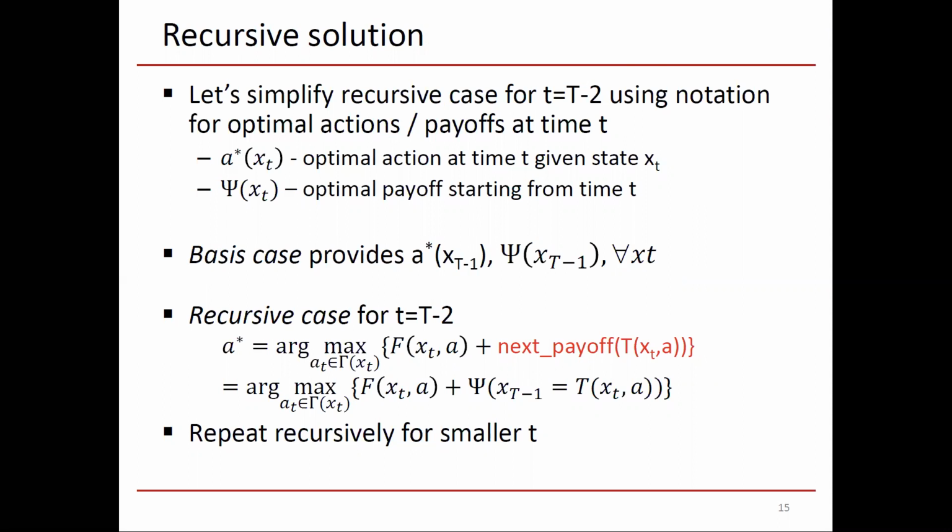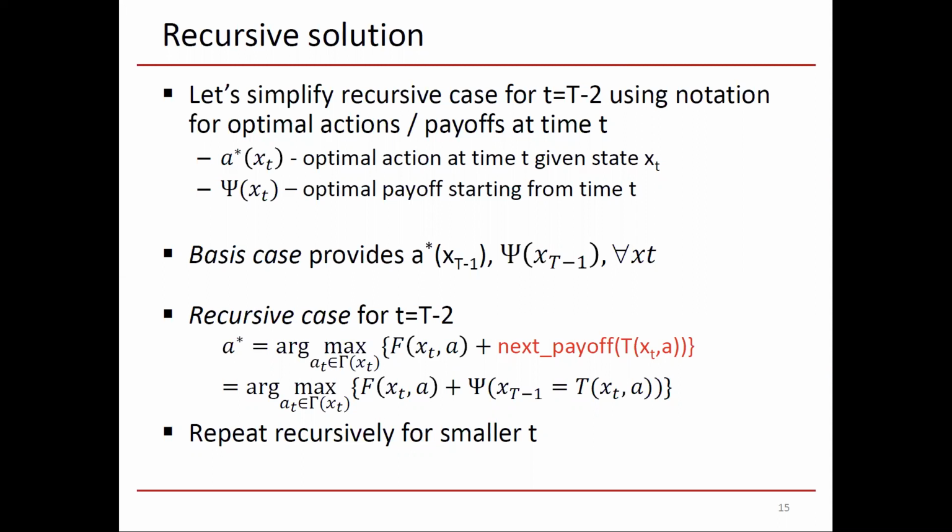We can simplify things recursively using notation for optimal actions and payoffs at time lowercase t, arbitrary lowercase t. So a star as a function of xt will be the optimal action at time t, given our current state xt. Psi of xt will be the optimal payoff, again, starting from time t, starting from state xt.